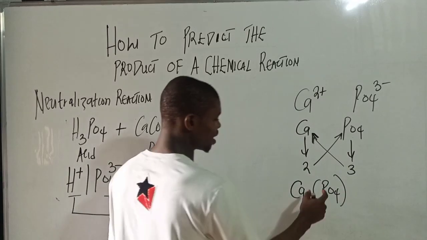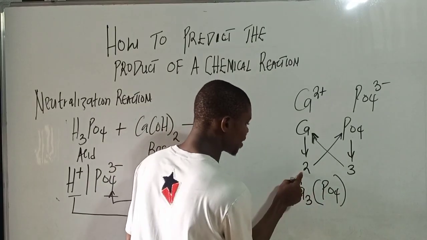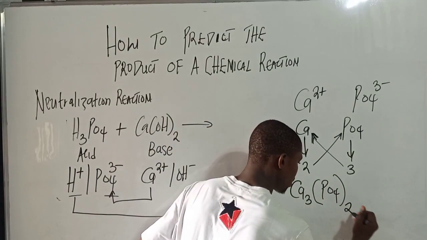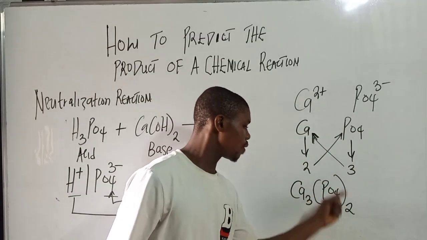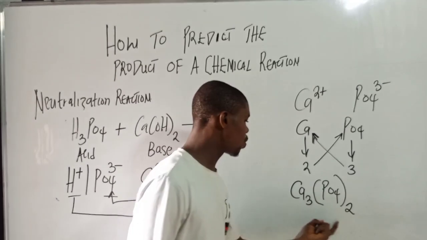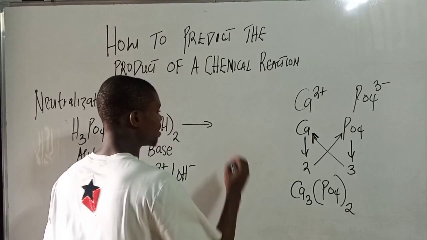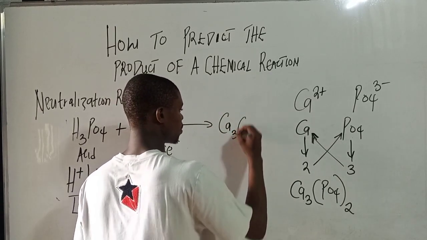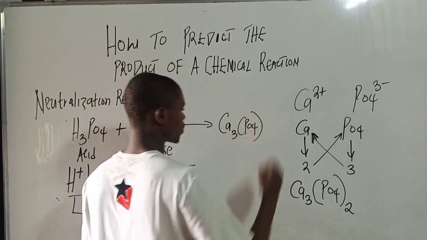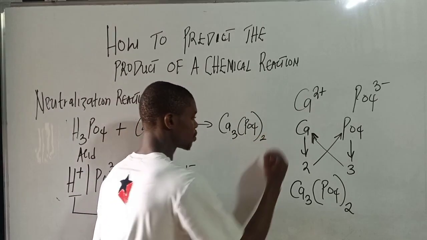Do you get that? So this doesn't mean that they are one. It means that this 2 is affecting all of them. Do you get that? So this is now going to be the salt. So here we have Ca3(PO4)2.